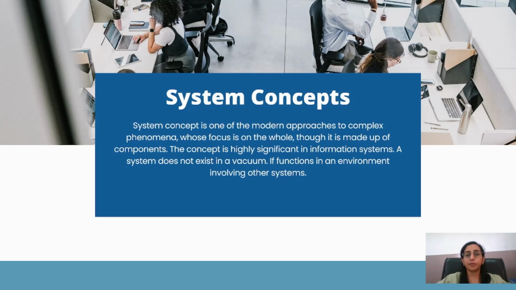So a system may have a single input and multiple outputs or may have several inputs and outputs. For example, a business organization system has several inputs and multiple objectives such as sales, profit, service, and growth.